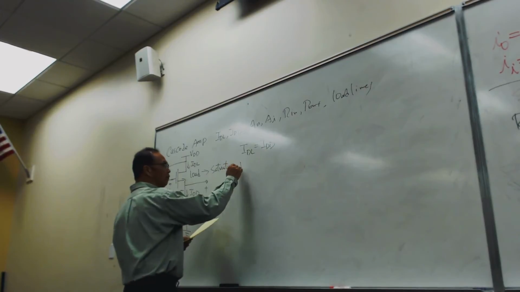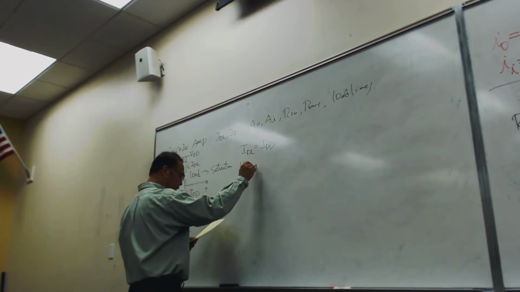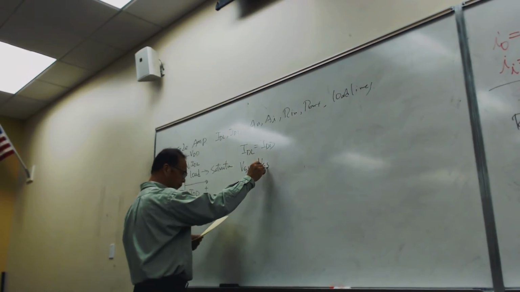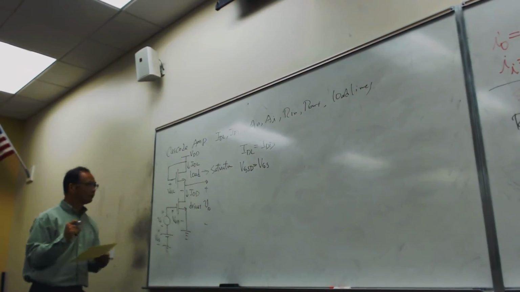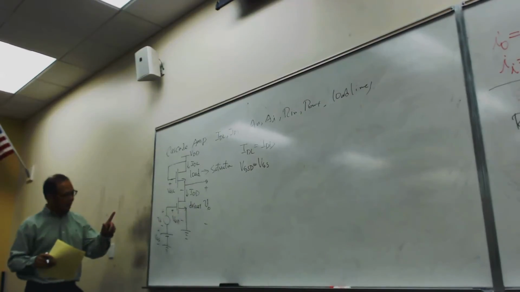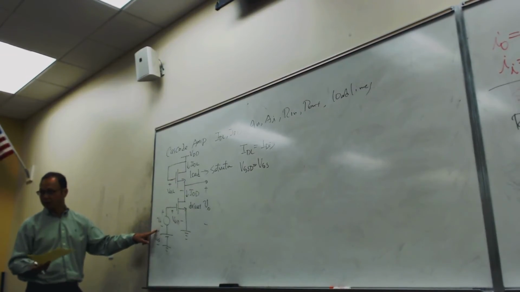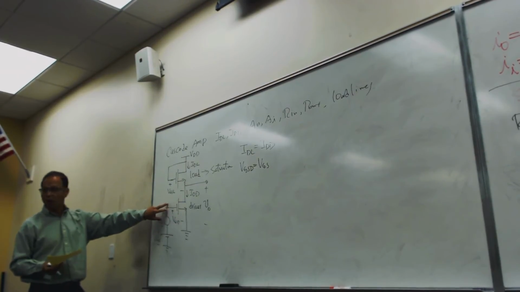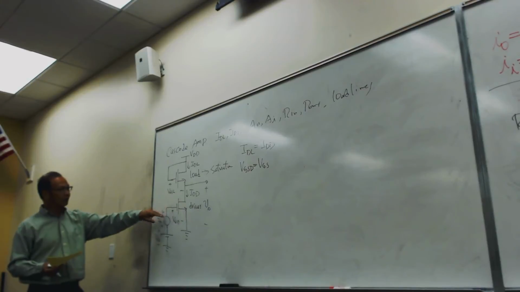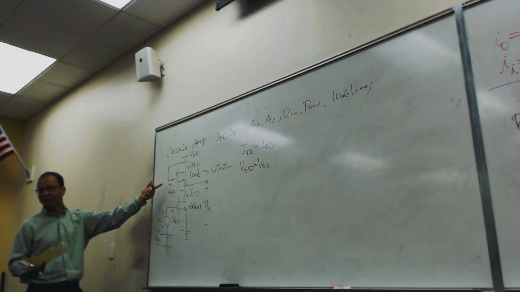And VGSD is the same as VGS. Under the DC condition, this is a short. Got it? I did not put a capacitor. If I put a capacitor, then this will be open. But if you put a capacitor, this is not going to work. Got it?